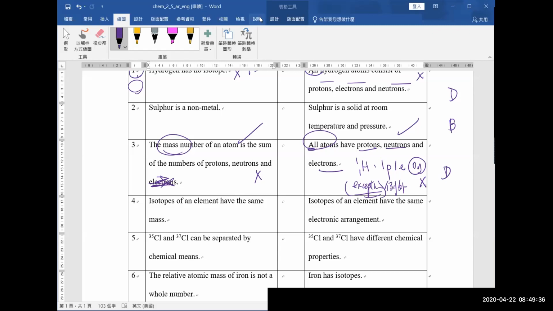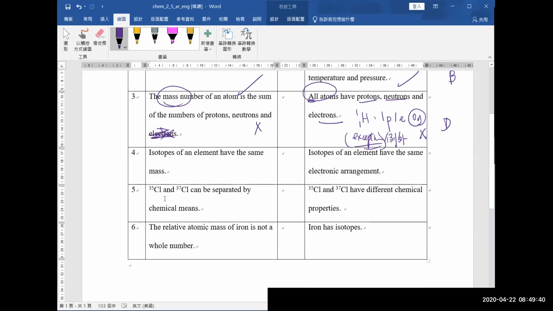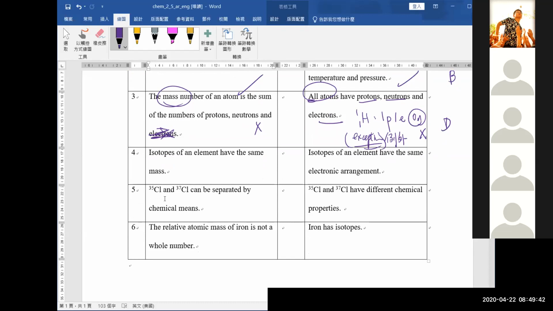The next guy is Chen Junhei. Isotopes of an element has the same mass. Isotopes of an element has the same electronic configuration. Chen Junhei, are you here?